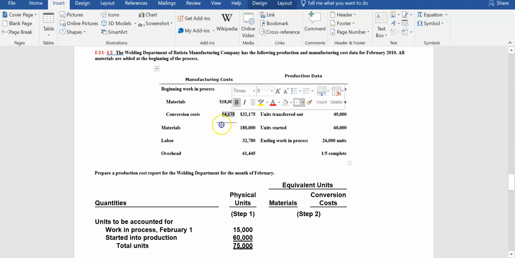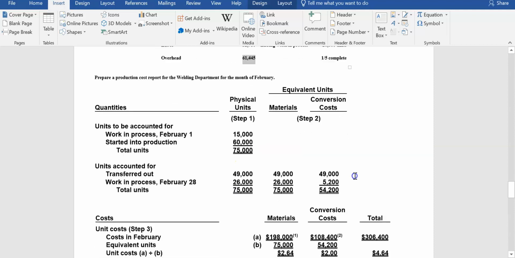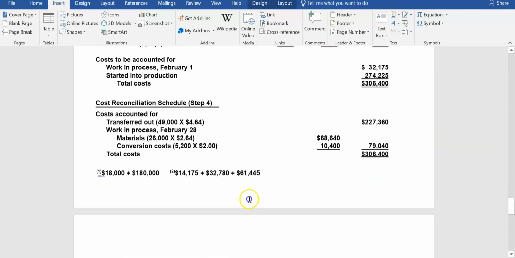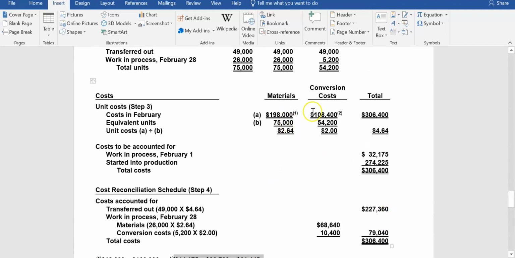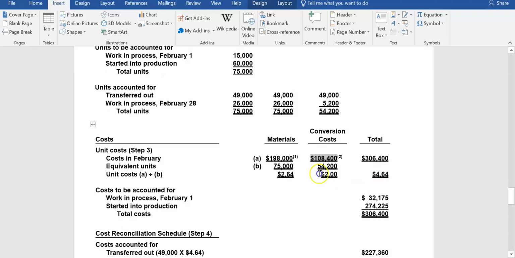We started the month with $14,175 of conversion cost in the work in process account. We added another $32,780 and $61,445. If we add those up, we get total conversion cost of $1,084. Total costs that we need to account for, or the total cost of production sitting in work in process, $3,064.